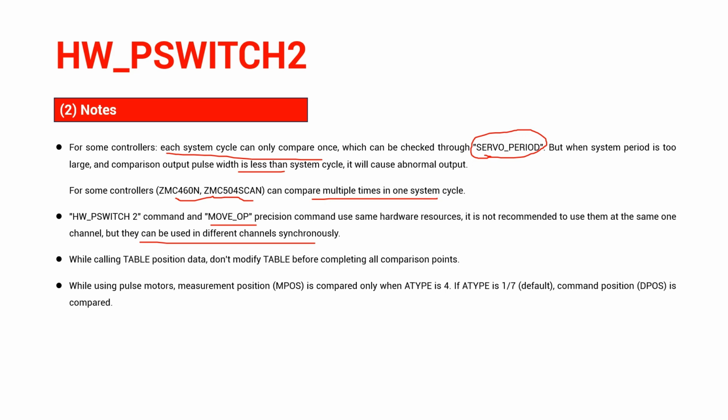Some modes need to call comparison position in table. That is, comparison positions are saved into table and then data is called from the table through the command. Therefore, do not modify table before completion. Number 4. When pose models are used, ATYPE should be set as 4. Then, MPOS can be compared.